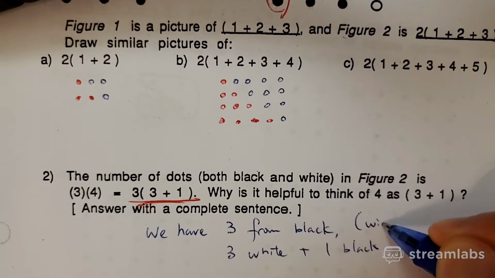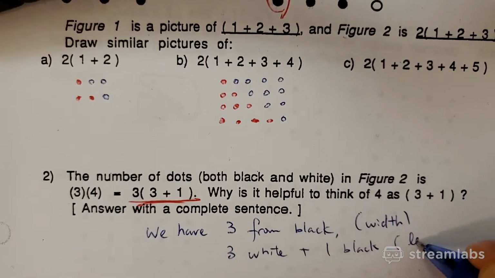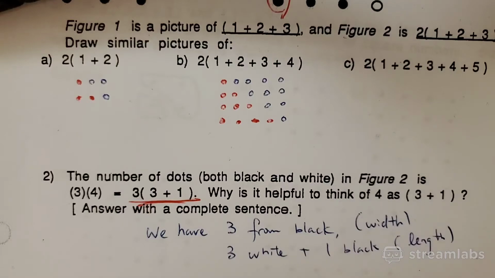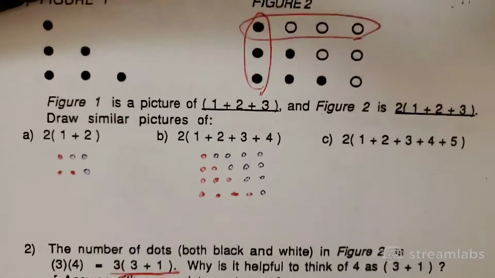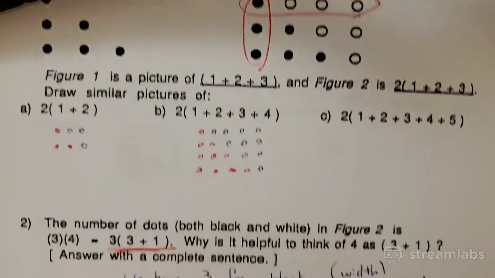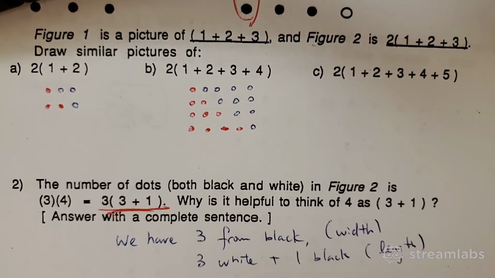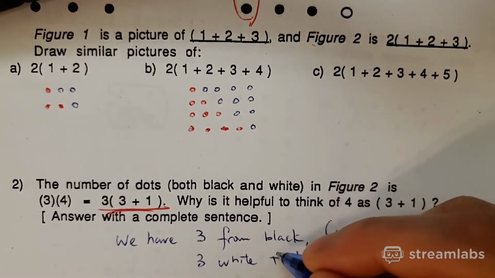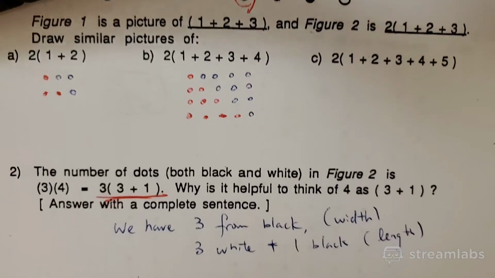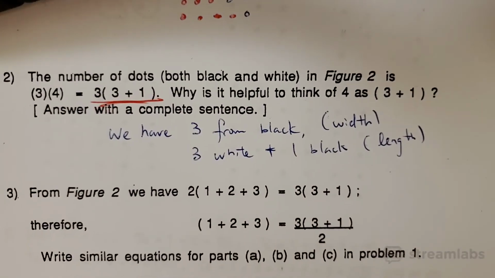This is your width, right? This is your length, right? Does that make sense? This one, 3 times 4, right? They say incomplete sentence. I know you're better at that than me, so I'll leave it to you. Write in understandable language. Alright.